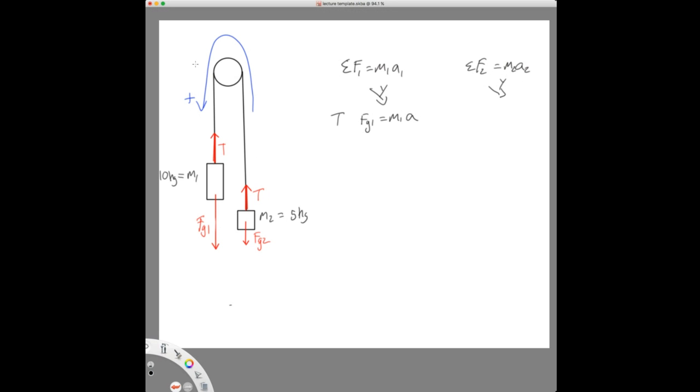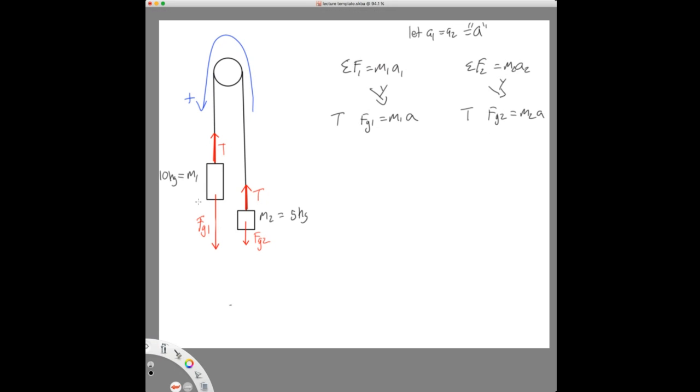And because I've made this assumption with the blue arrow, I can call both of those accelerations A. So I'm just going to call them both A. On the right, we have tension and force of gravity 2. And I have not put signs in. I want to stress that. When I'm doing this, I always just write down what's there, and then I go into the picture and look at the signs.